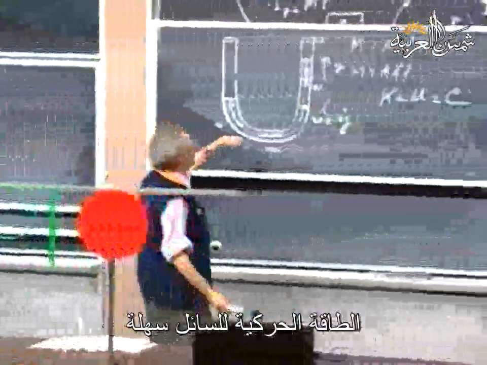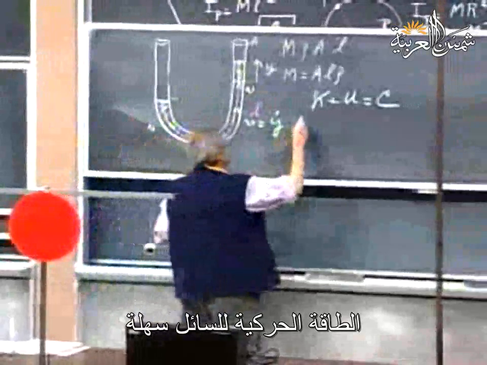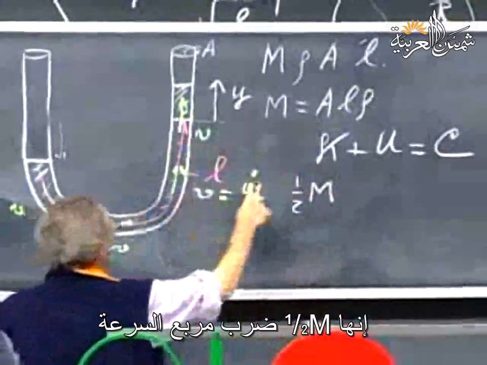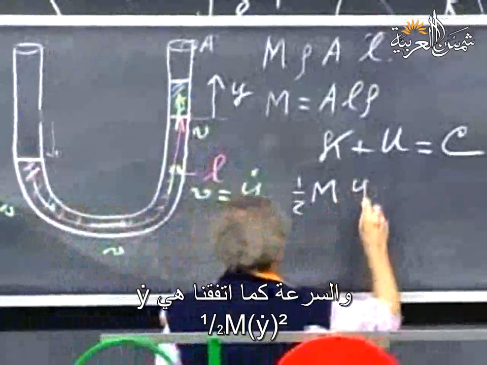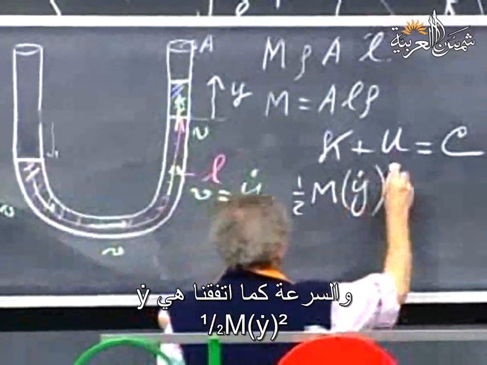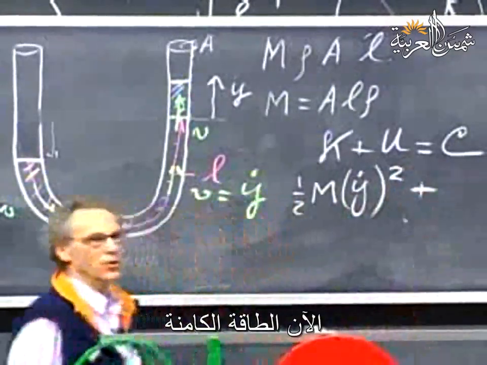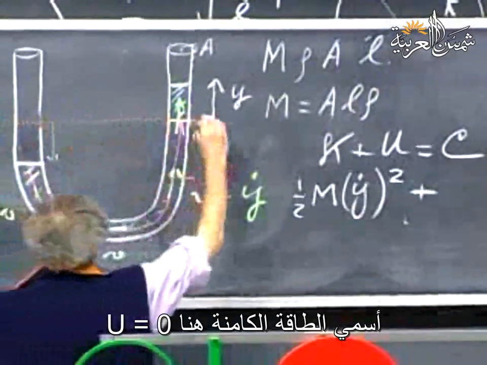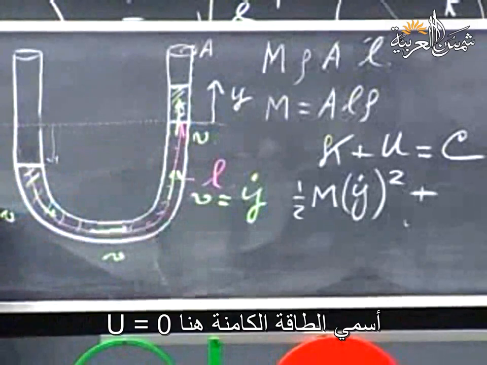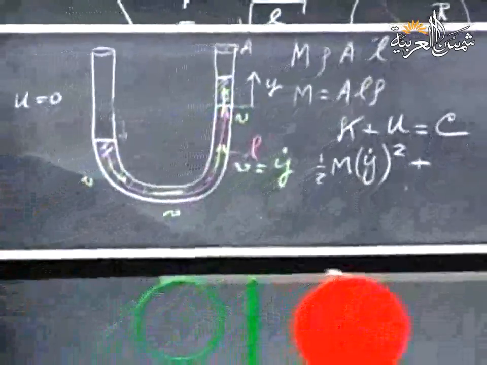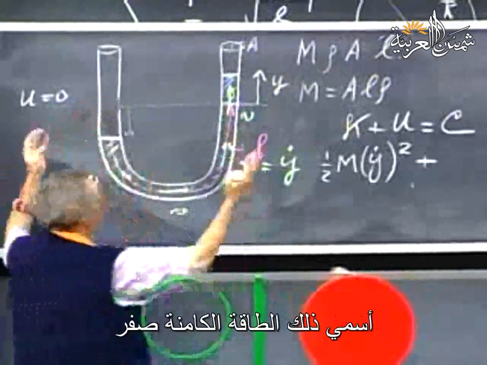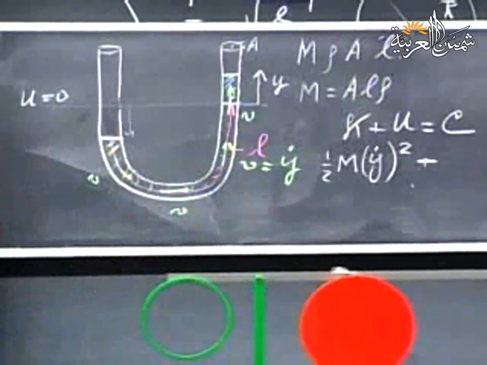The kinetic energy of the liquid is easy. That is 1/2 m times the velocity squared, and the velocity we agreed is y dot squared. Now the potential energy. I call that U equals 0 when the liquid is standing here and the liquid is standing here.